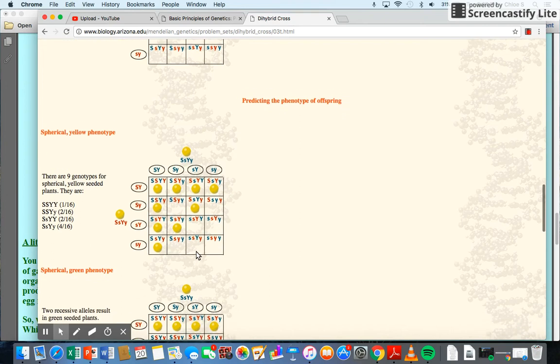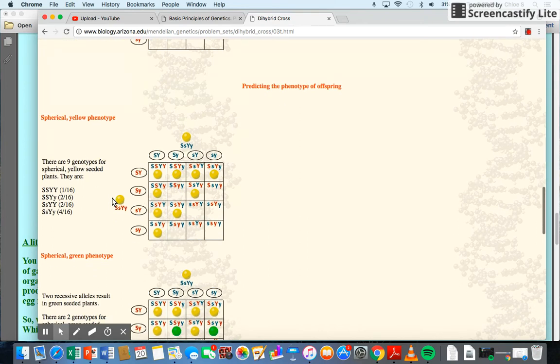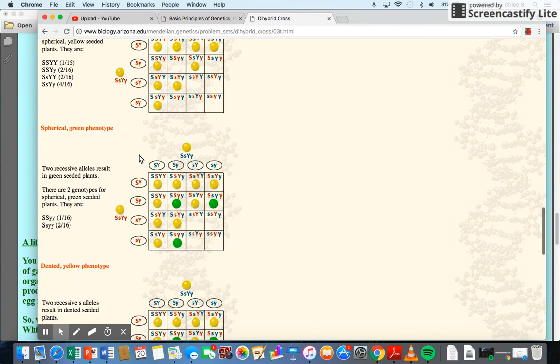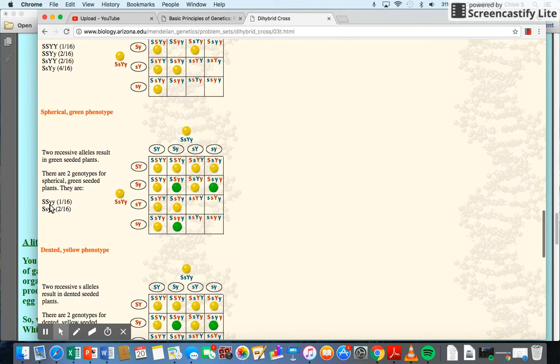This will result in spherical, which is big S, and yellow, which is the Y. But for these ones, since there's a little, recessive s or a little, recessive y, that's going to code for something else. Big S would be round. Little y would mean green. So you see right here, you have one of those options.